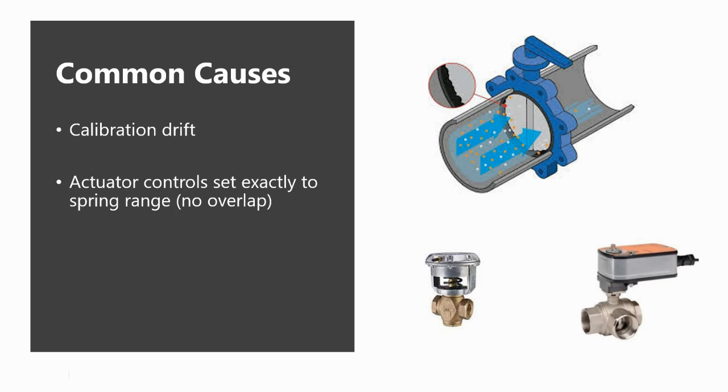Also, if the control signal span is adjusted too tightly around the valve's operating range, there will be no leeway for any drift in calibration that will eventually happen over time. For general HVAC, it's best to have a slight bit of overspan in the control signal.